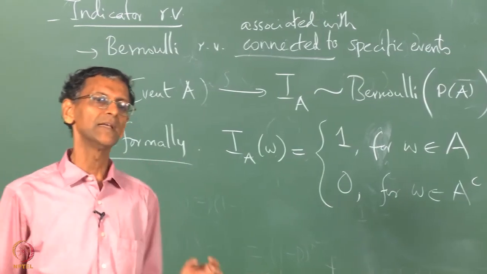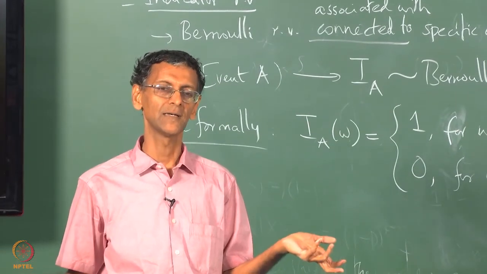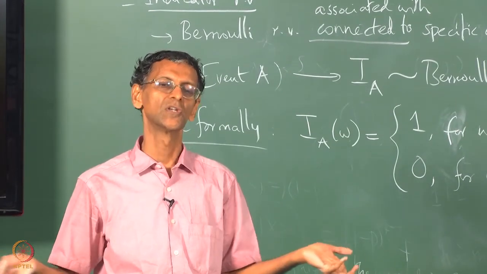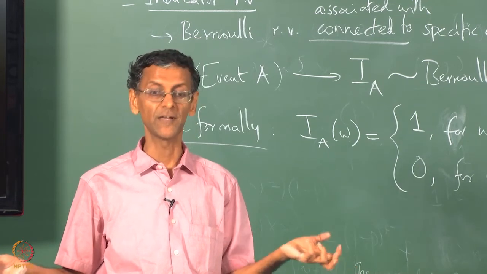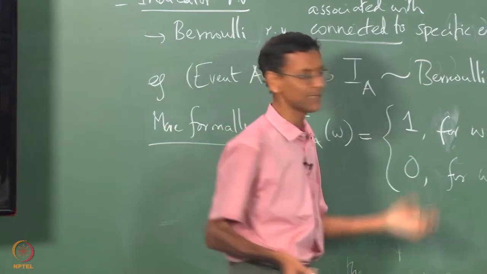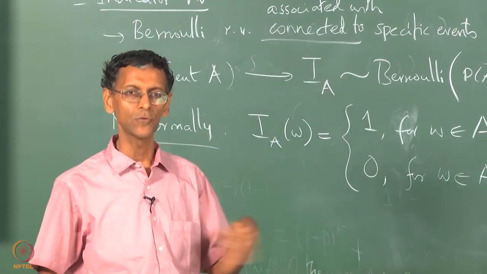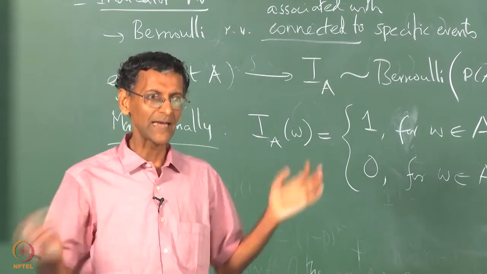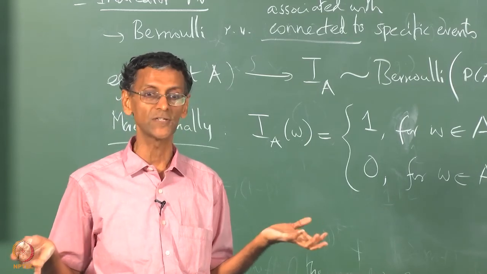So, these indicators are a bridge between events and random variables. You can always introduce a random variable in place of an event essentially, and we will look at them definitely in more detail in the course. I thought this was a good time to introduce them because we are looking at many situations of discrete random variables.